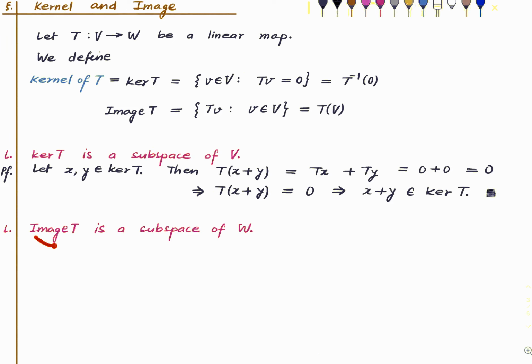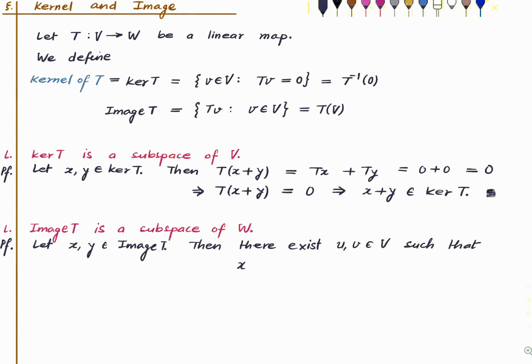And similarly, image T is also a subspace, but of course, this will be a subspace of the target. And this is also very easy. Let me do the addition part. So let's say, what notation is good? Let me stick to x and y, although that can be confusing. So suppose x and y are in the image of T. Then we can find two vectors u and v in the domain such that T(u) is x and T(v) is y. This is by definition of image.